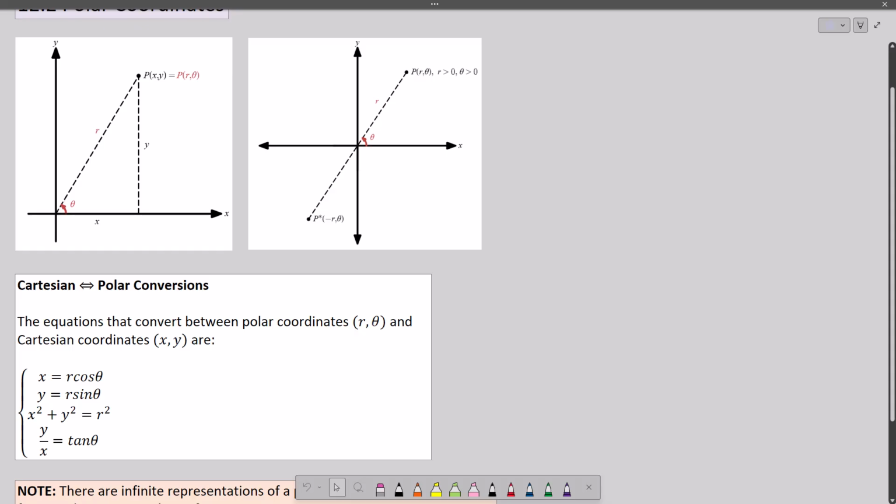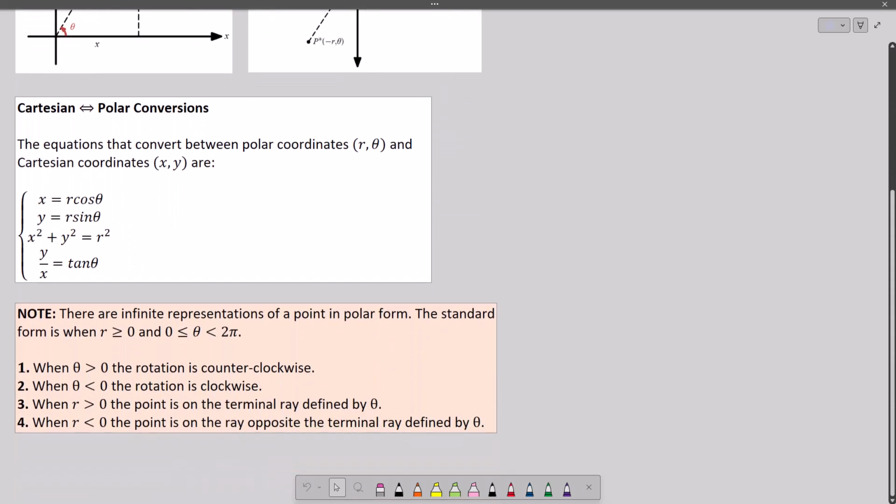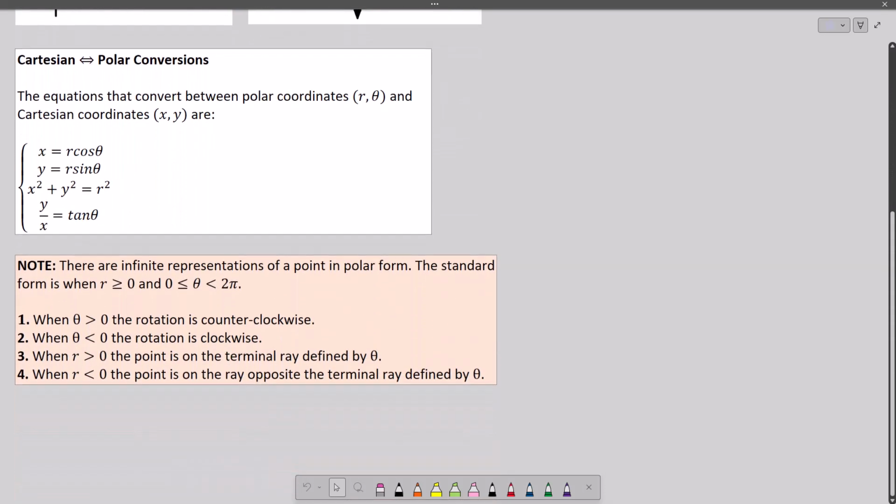In polar, which is an anomaly, you can have a negative r value, and it shoots you into the opposite quadrant. When you get into Calc 3, you can't have negative r values, but in 2 dimensions, you can have negative r values, and it just shoots you into the opposite quadrant. All right, so we'll talk about that as we get closer to an example.